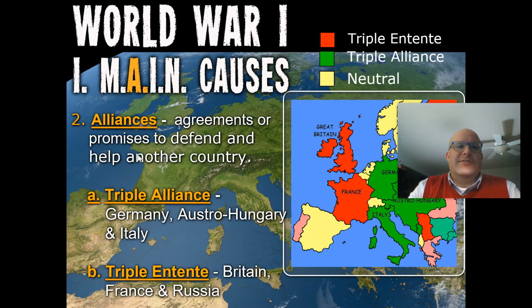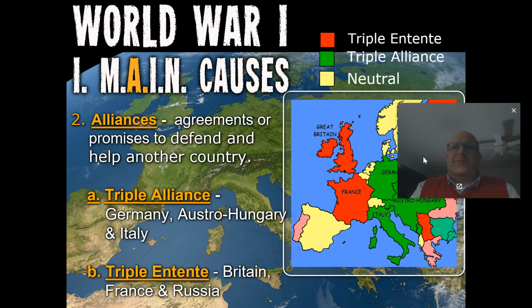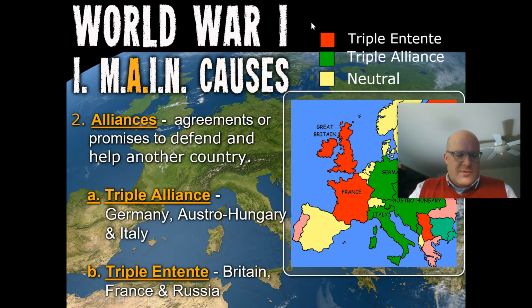The Triple Alliance, started by Bismarck: Germany, Austria-Hungary, Italy. Triple Entente: Britain, France, and Russia. These will later become known as the Central Powers, and these will become known as the Allied Powers as we go along in World War I.